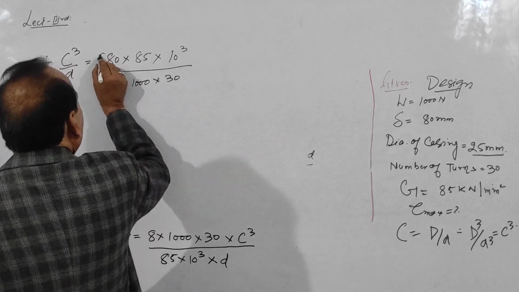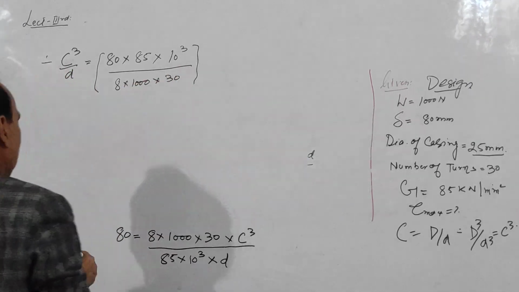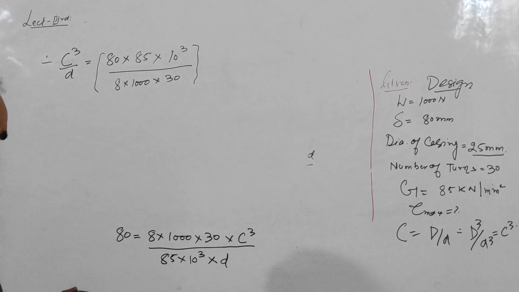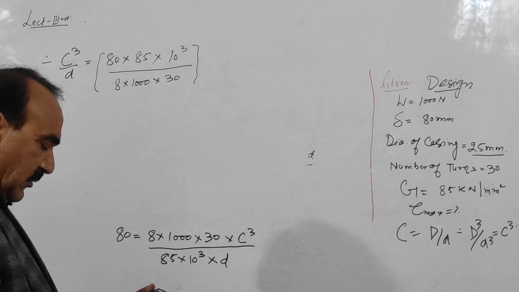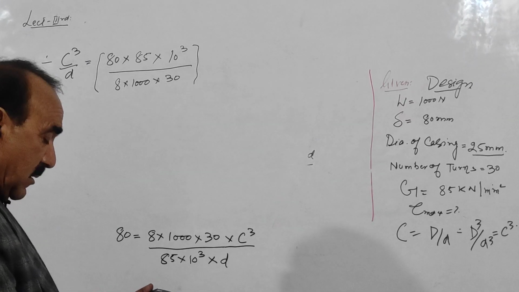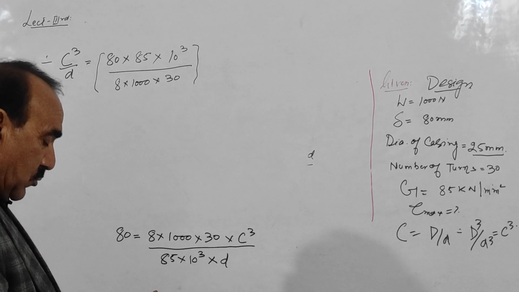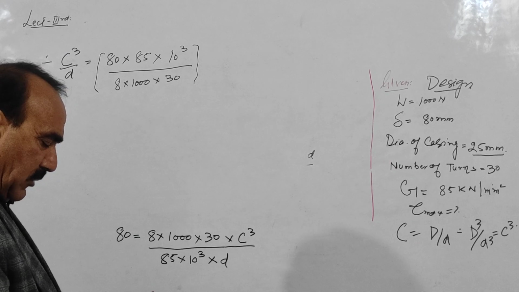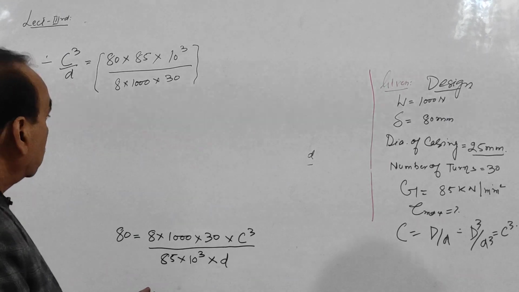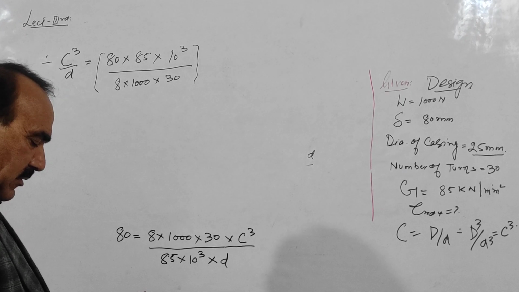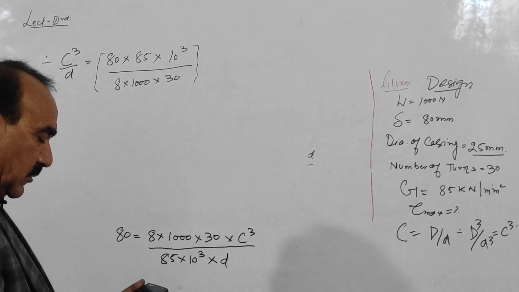Just see the problem. Now we again use the calculator and find out what is your C cube upon d. This is 80 into 85 into 10 raised to power 3 divided by 8 into 1000.